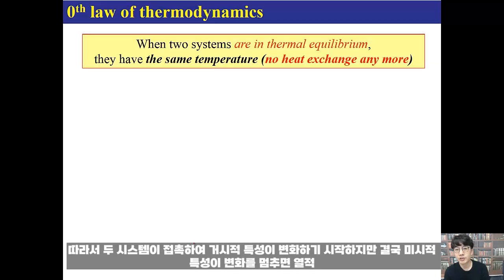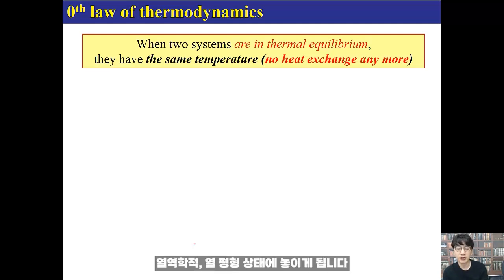So when two systems are in contact and their macroscopic properties start changing, but eventually stop changing, then they are in thermal equilibrium. And then we say, by definition, they have the same temperature. If they are at the same temperature, then they stop exchanging heat.